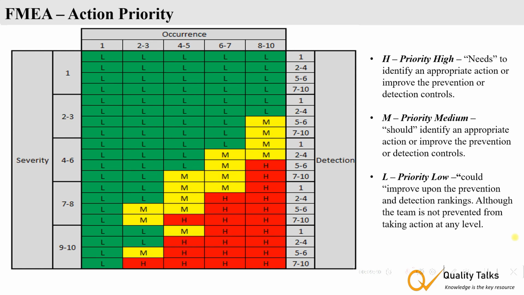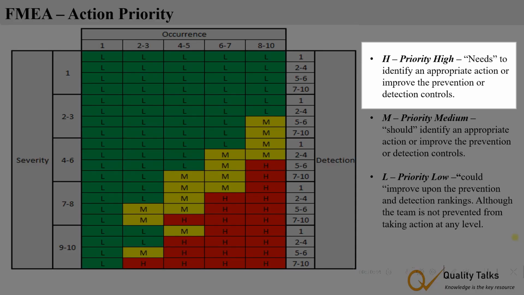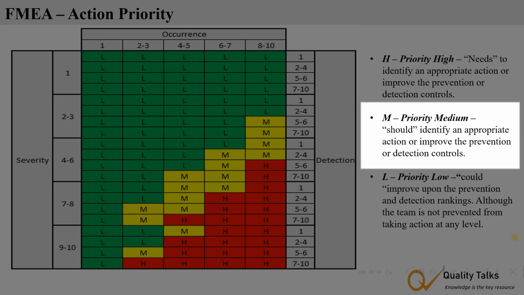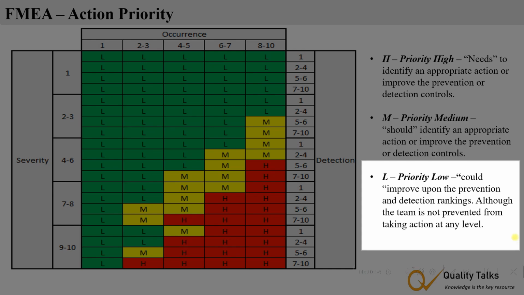This table considers severity, occurrence and detection holistically rather than a single numeric value. If the action priority is high, then it is mandatory to take action. If the action priority is medium, then one should take actions. If the action priority is low, then one could take action.